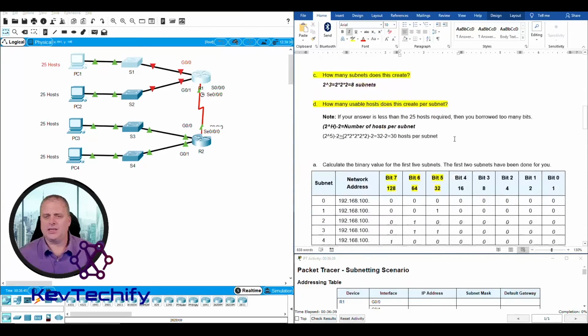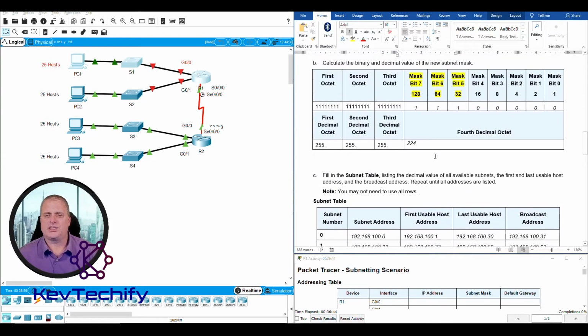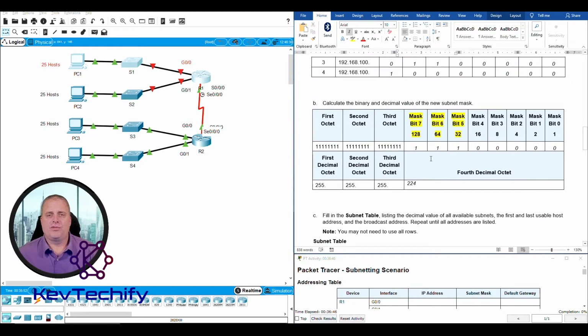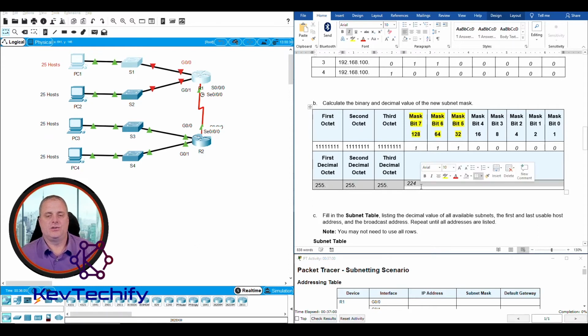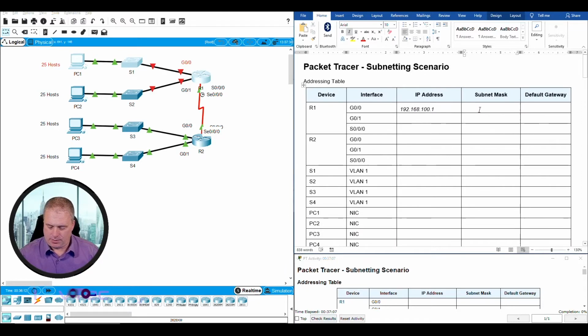And the subnet mask. Now, as we fill in this chart, remember the subnet mask was always a /27, but because we're going to be programming the router, the PCs, they don't understand slash numbers, but they do understand the decimal equivalent of that. And so what we're going to put here is 255.255.255.224. Coming back here, our subnet mask is 255.255.255.224.